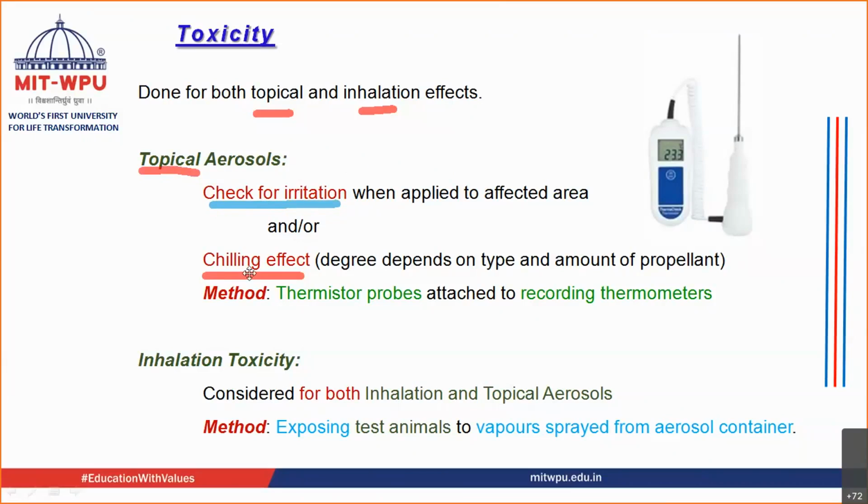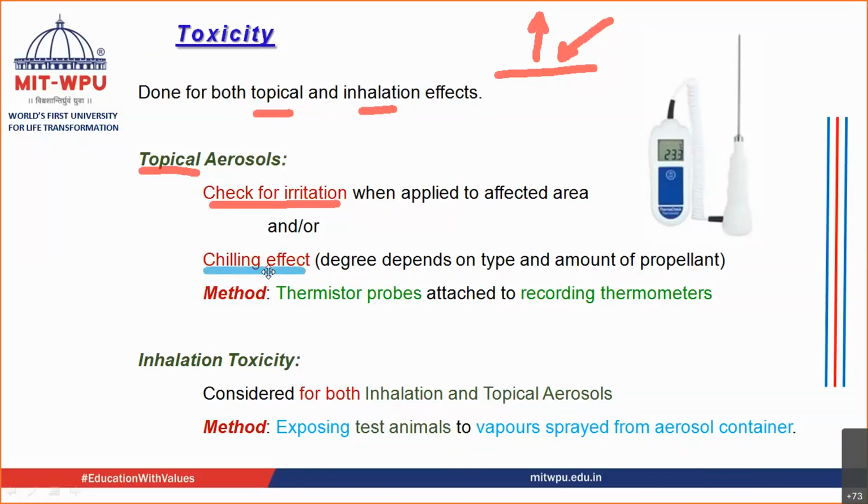The second thing is the chilling effect. Now, why is the chilling effect felt when you apply a topical aerosol? Topical aerosol contains propellant. When these aerosols are applied on the skin, the propellant gets evaporated, and as the propellant gets evaporated, it produces the chilling effect.